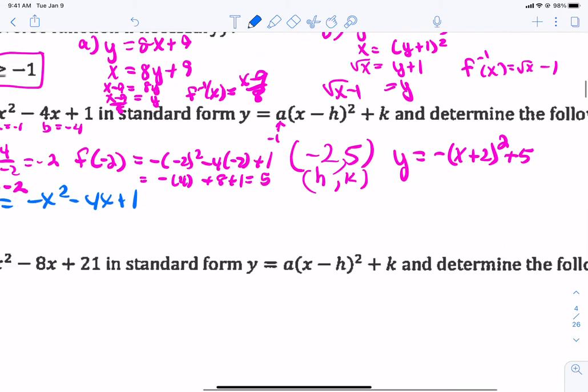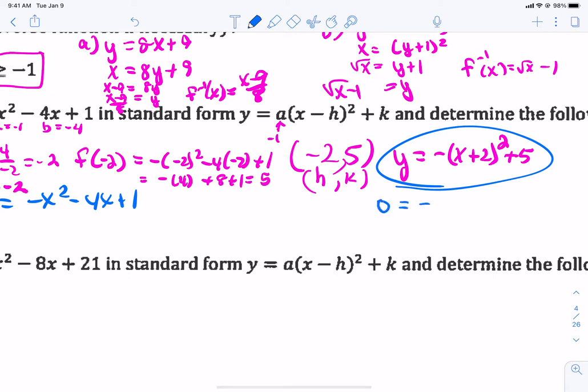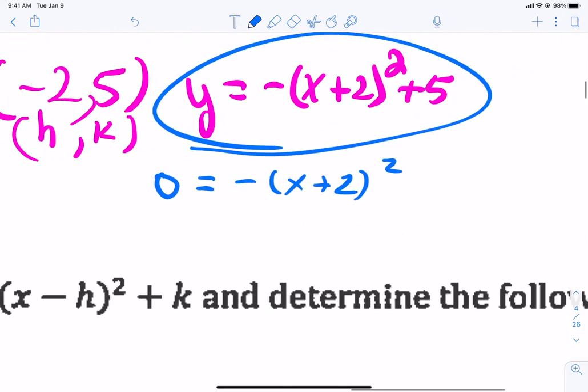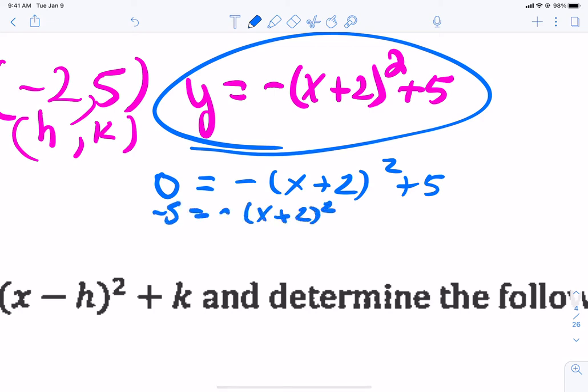This one is already ready to go. If you set that equal to 0, watch how easy it's going to be to solve it. Oh, I'm sorry, that's so yucky. Move the 5. Divide off the negative. Take the square root. You got to have that plus or minus.